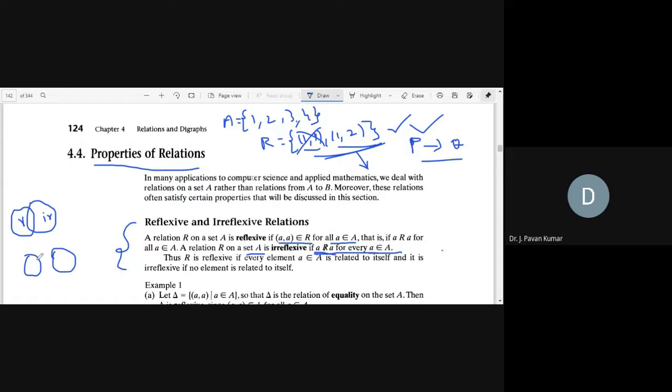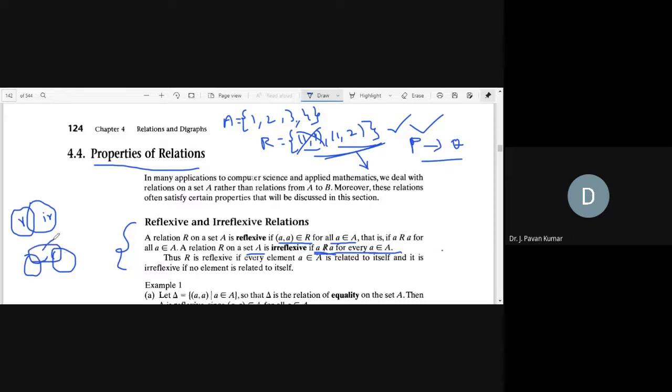Some relations which are not reflexive, those can be irreflexive. Some relations which are not reflexive, those may not be irreflexive. So like this we can consider some intersection with this. Let us say like this.